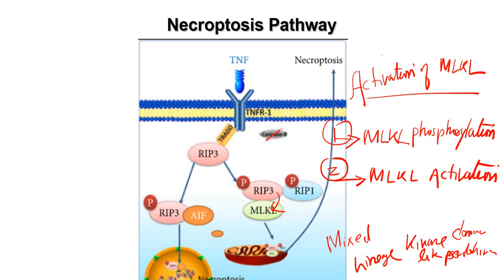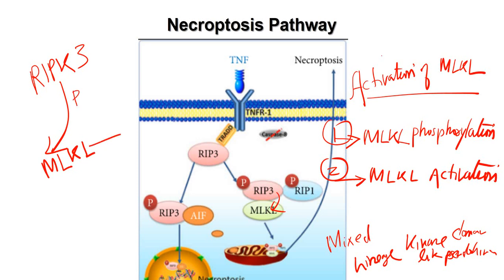I will put it in the diagram. RIPK3 will phosphorylate MLKL. So now MLKL has become phosphorylated.